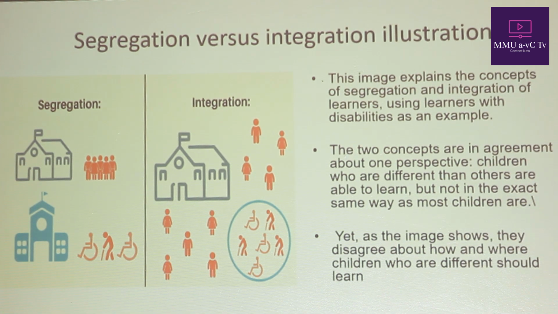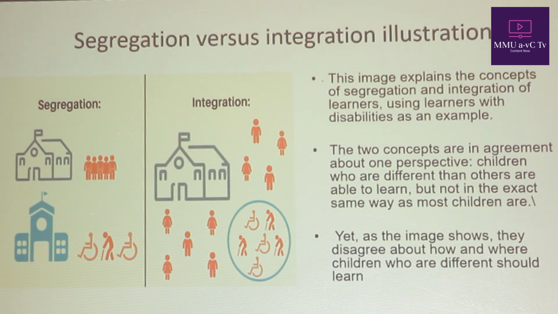They are alone. Then when you look down, there are children with disabilities alone. So each category has a different setting. There is this setting for children without disabilities, and then there is this setting for children with disabilities alone.